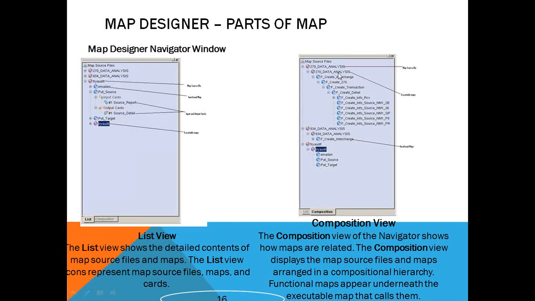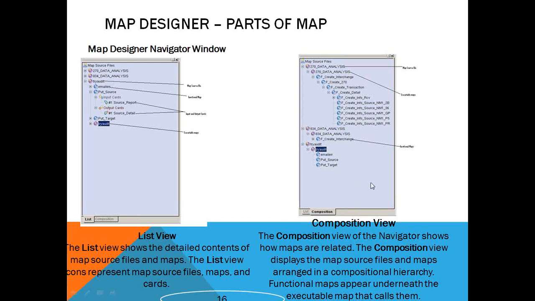Inside 270 is the actual ANSI mapping. The interchange is ISA level. 270 means at the GS GE level, the 270 transaction. Then inside GS GE, the transaction is created. Inside transaction, detail. Inside detail, RCB, like that. And inside detail, we have multiple mappings, NM1, 2B, 3R, GP, like that. This is basically composition view.